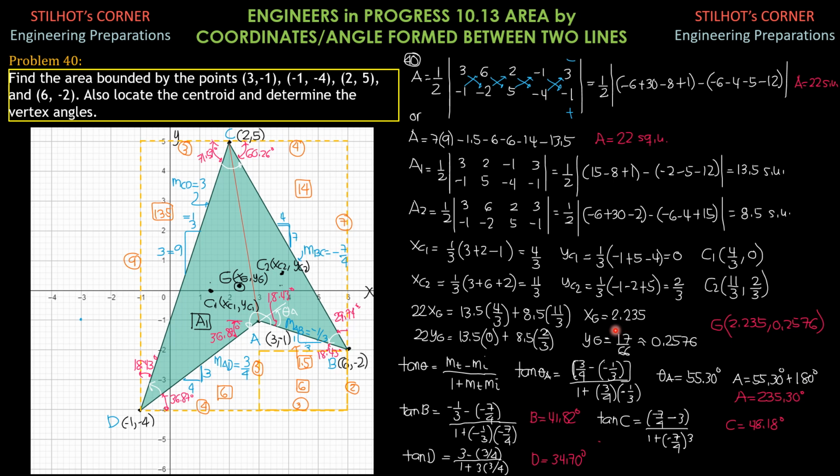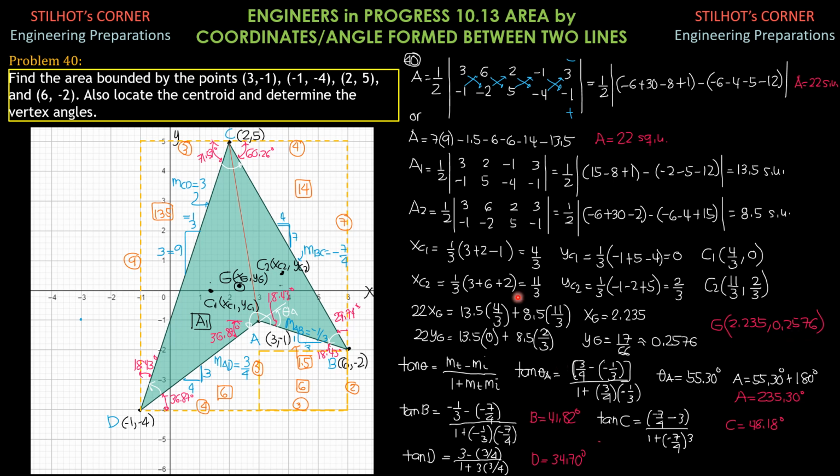Then 22 times y sub g equals area 1 times y sub c1, which is 0, plus area 2, 8.5, times y sub c2, 2/3. Using your calculator, it is 17/66, approximately 0.2576 in decimal. So the centroid of the entire region is at 2.235, comma 0.2576 to 4 significant figures.